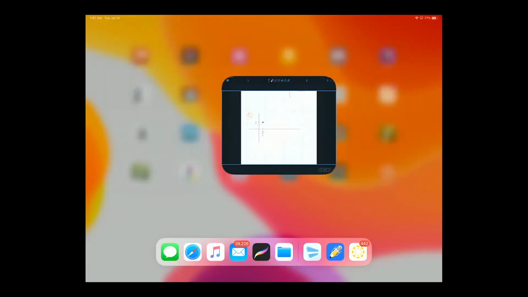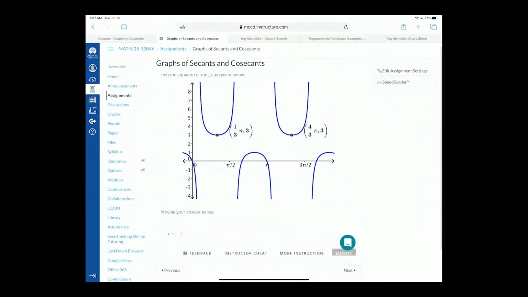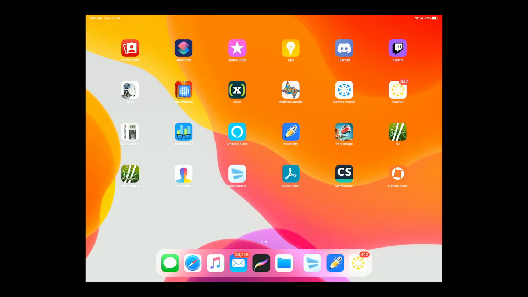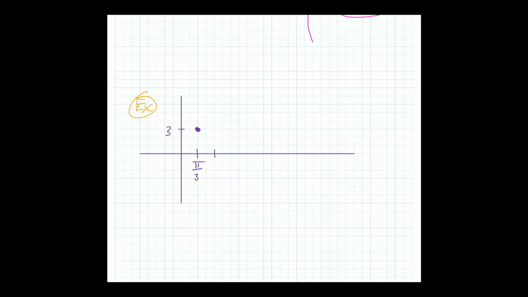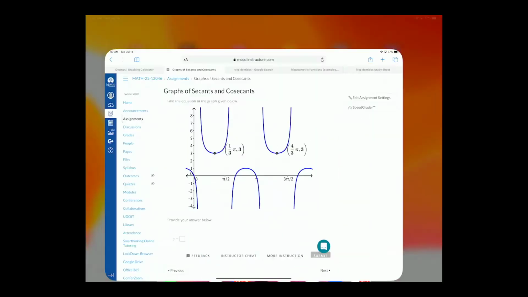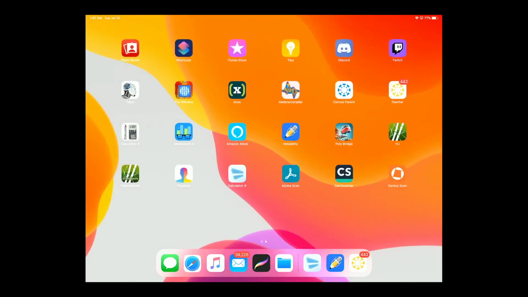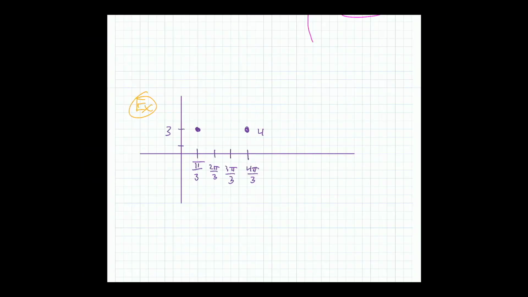Okay. We've got 4 pi over 3, 3. All right. And then halfway in between, we must be down. Well, no, we don't have to be down anywhere. So what is it? We are up at 1, actually. Okay.